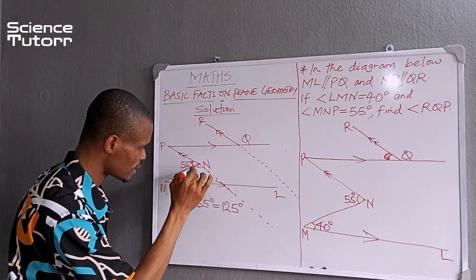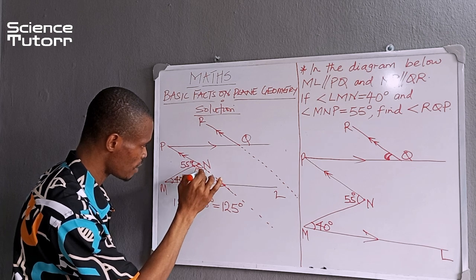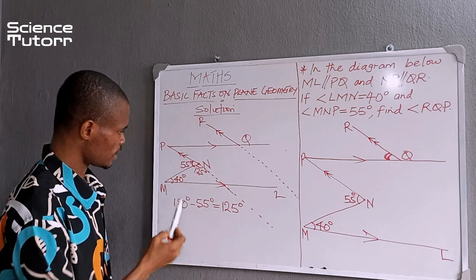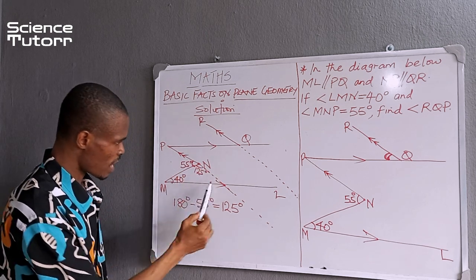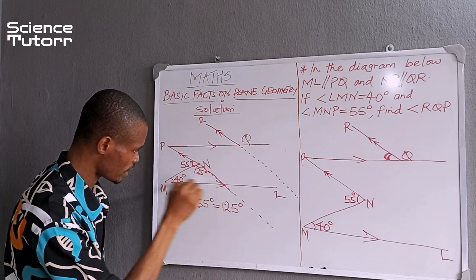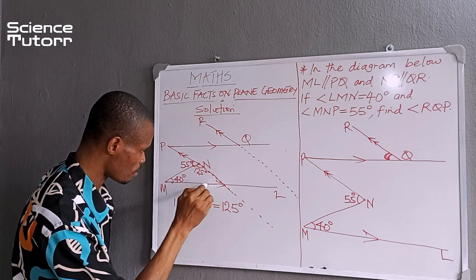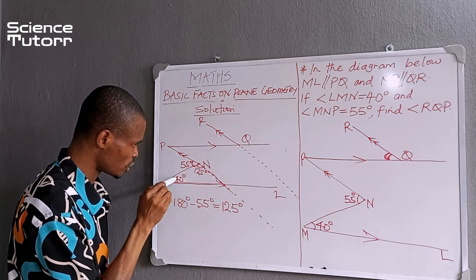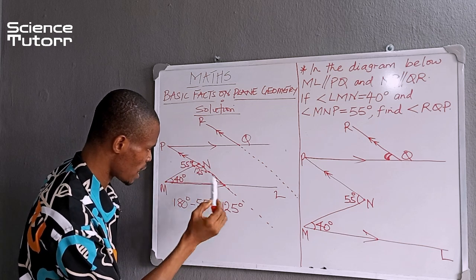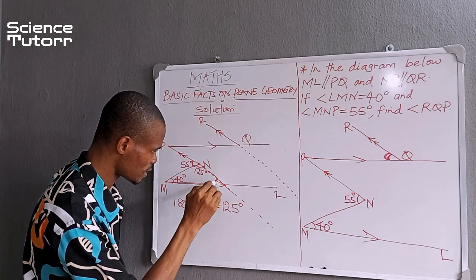So this side here is 125 degrees. And as you can see, we are having some sort of triangle here. This shape tends to form a triangle, of which this is 40, this is 125, so I can find this angle here.